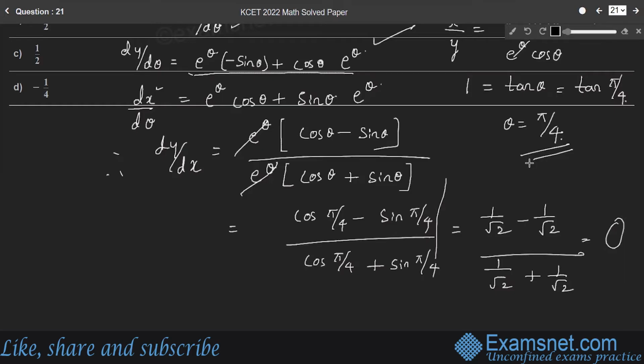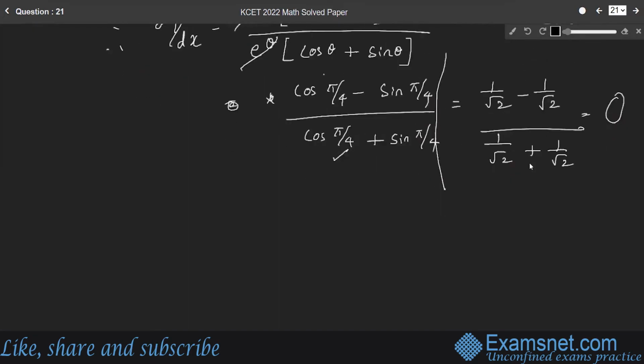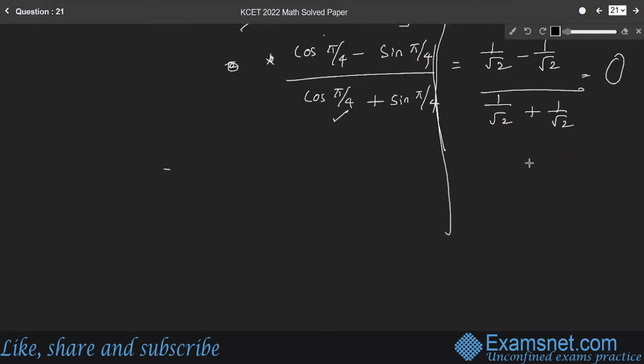Otherwise, another step is you can multiply and divide by the conjugate of cos theta plus sin theta. We'll consider another method, the next step to the previous step.